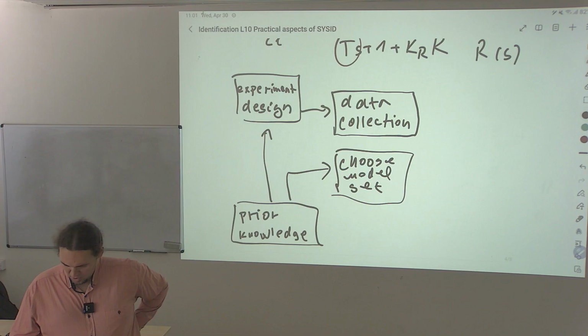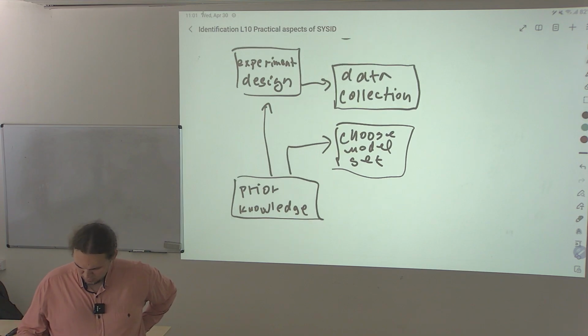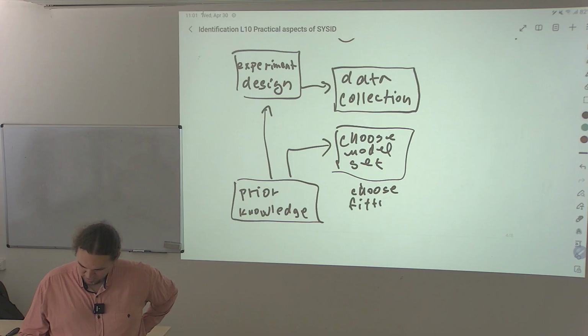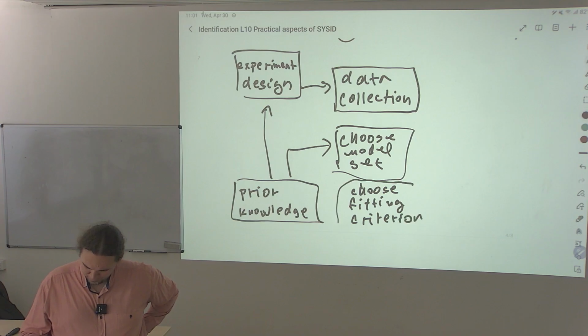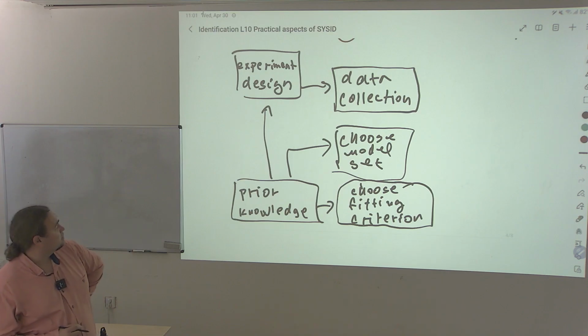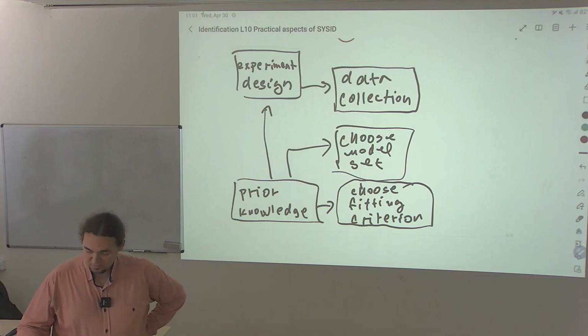What we can do even further, we can choose, I think Jakub has already mentioned, some fitting criterion. Let's say whether we are okay with the least squares or not.